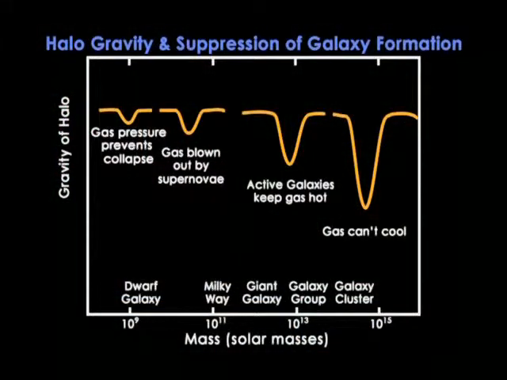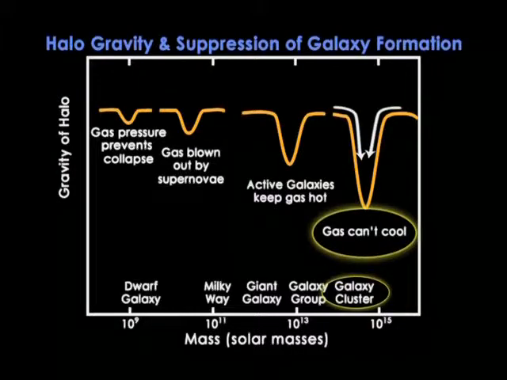Now, the reason galaxy formation is suppressed has all to do with the depth of the gravitational field of the dark matter halo, how strongly it pulls on the atomic matter. Here's a sketch illustrating the pull by the size of a valley into which the gas is falling. For the biggest halos, the energy of falling in heats the gas so much that it can't cool to form stars.